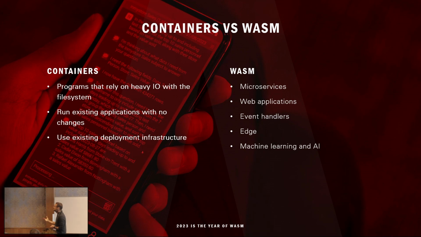If you want to run existing applications with no changes, 9 times out of 10, you can't do that with WebAssembly. If you want to take your OpenEdge application and run it in Docker, you can do that today. And you probably don't have to make a great deal of code changes to do that. It's fairly easy to do it. You can't run your OpenEdge application in a WebAssembly today.